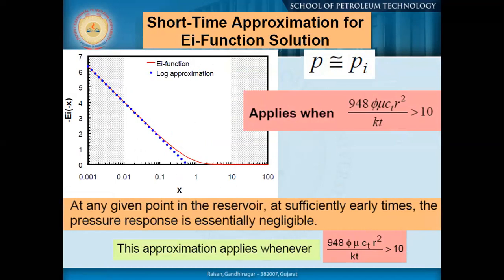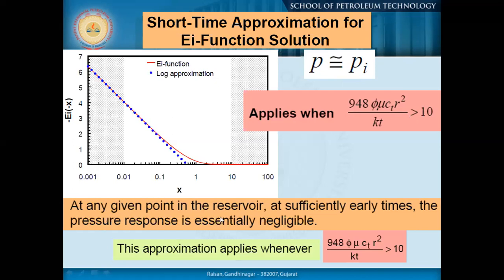When our x value is more than 10, we consider P equal to Pi. That means whatever pressure is there in our compressible zone is the initial pressure. That means no pressure depletion when x is more than 10.